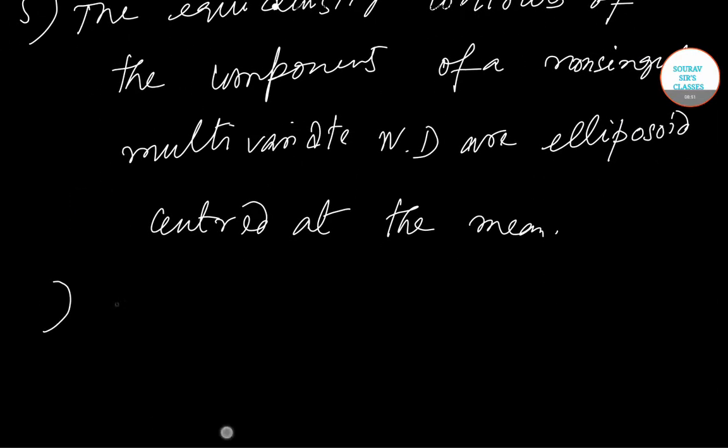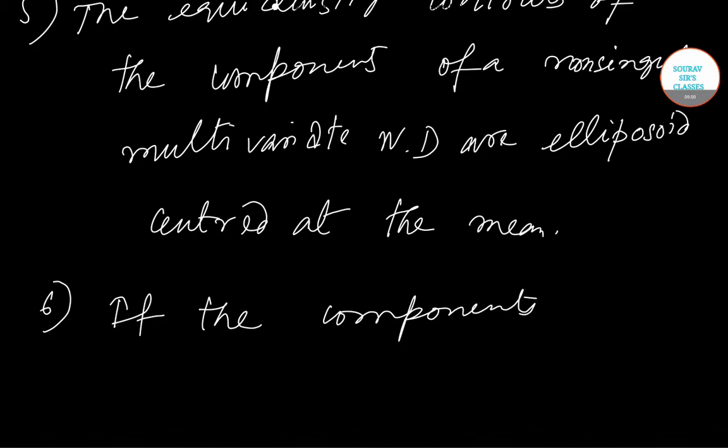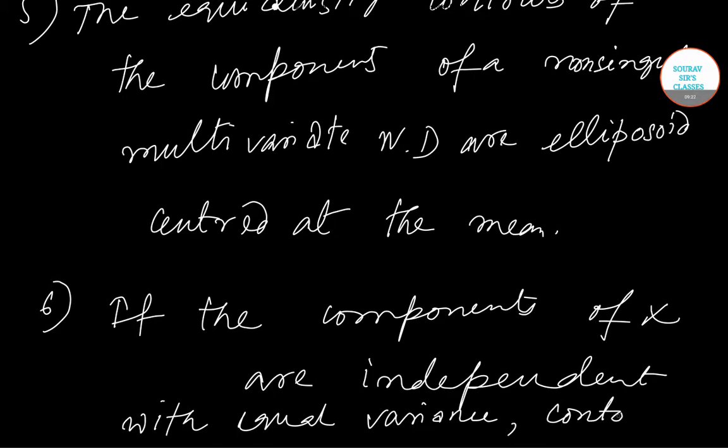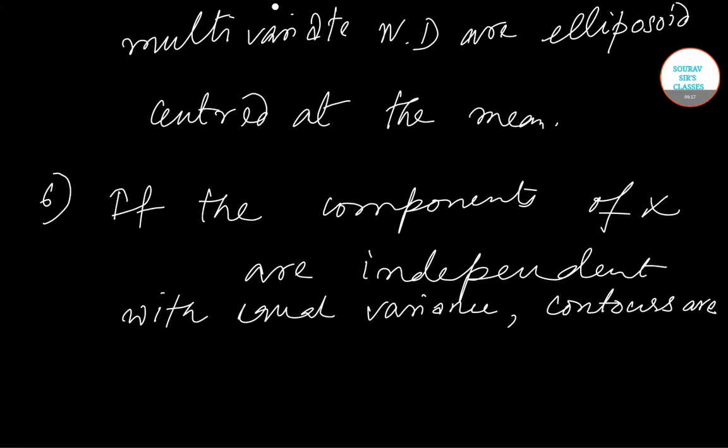Point number 6 is if the components of x are independent with equal variance, then contours are spheres.